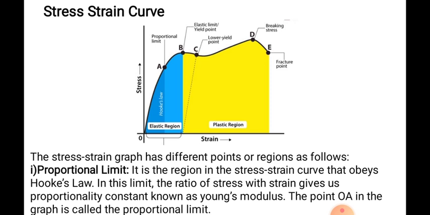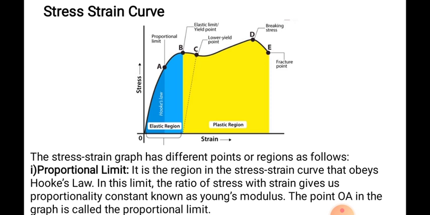In this limit, the ratio of stress to strain gives us the proportionality constant, known as Young's modulus.